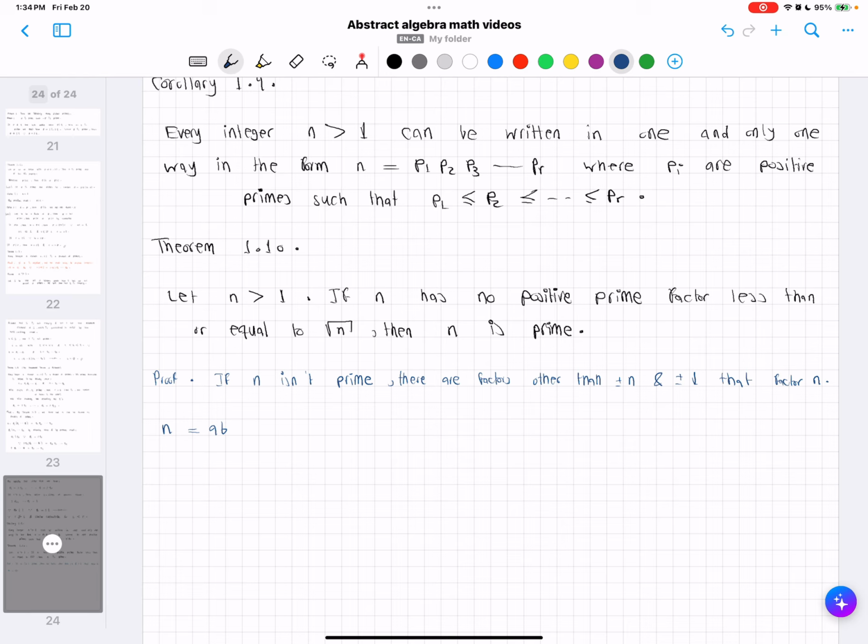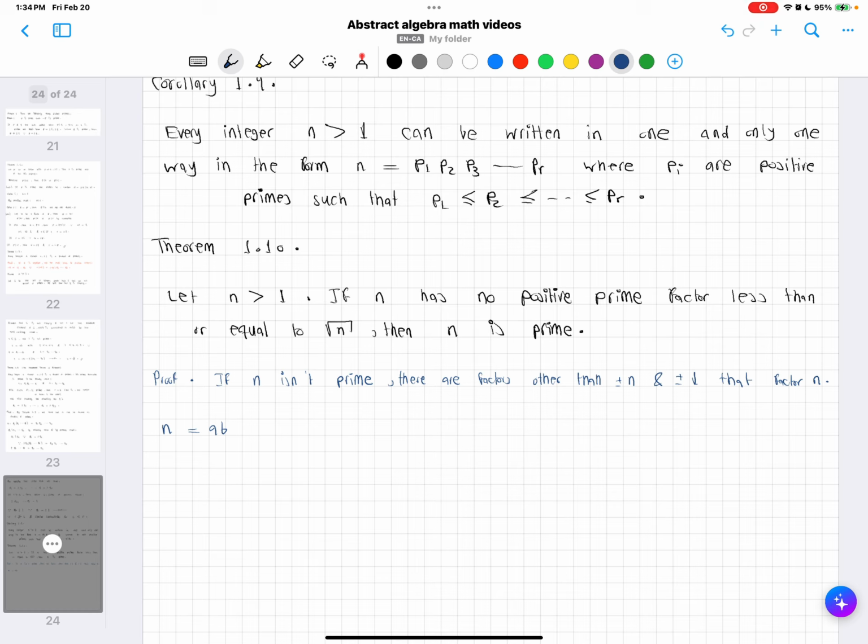Right? So if n has a factor where that factor is less than or equal to the square root of n, then let's say that a and b make up n.